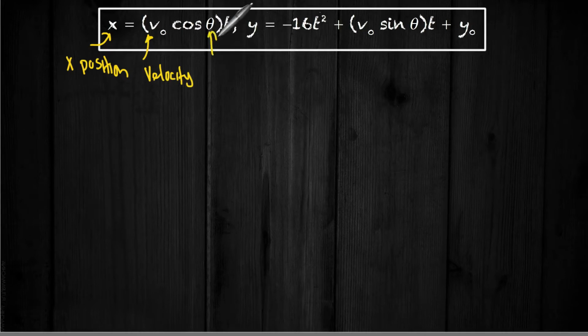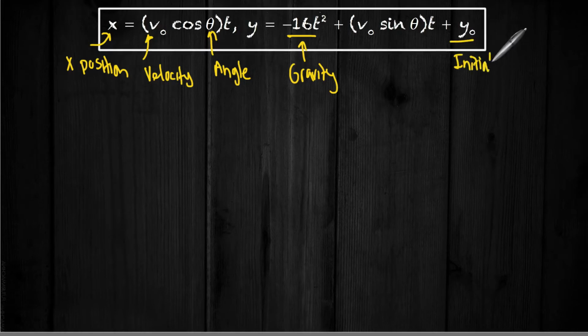And theta is the angle that you threw or kicked or shot the basketball at. And t, of course, is the time. And y looks similar, except it has two other portions to it. Gravity, so we'll talk about that just like we did in the last video. Gravity will affect the height of the ball, and also the initial height of the object as well. And so these are the formulas that we're going to be using.